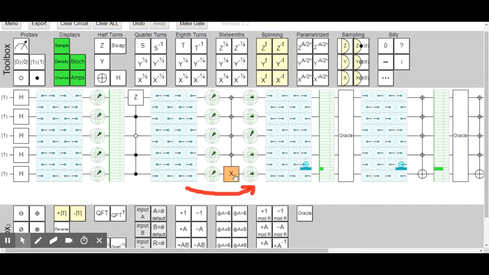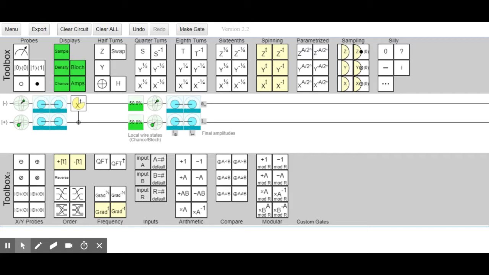How is this even an x-axis negation? How is it that this turns that qubit particularly upwards and those qubits downwards? Is it because... what is an X gate doing?